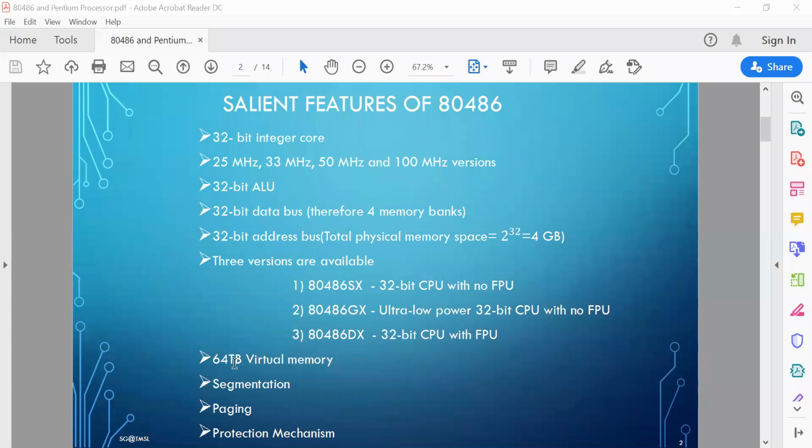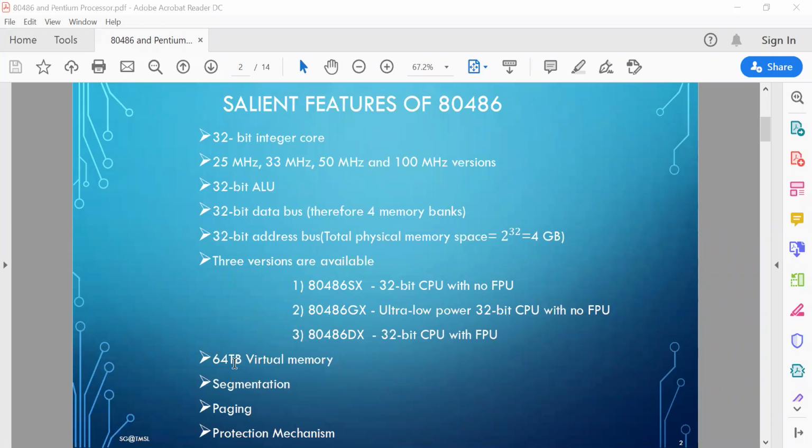Why can this 64 terabyte of total memory space or virtual memory space be used? Because of the selector concept. All of you know selector and descriptor. I have already explained what is selector, what is descriptor, and how the table looks like. So in this processor, a maximum of 16 kilobyte of selectors are there, and 4 gigabytes of offset, meaning the physical memory address, can be accessed.